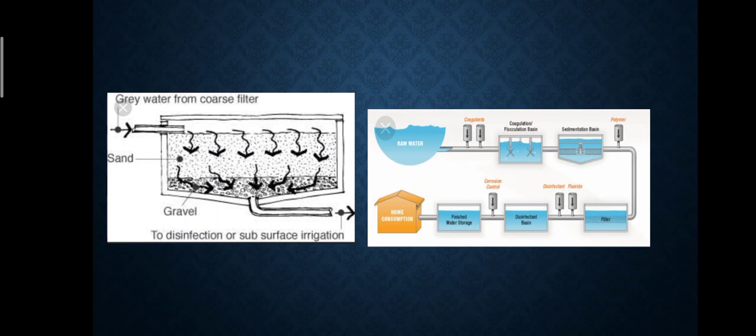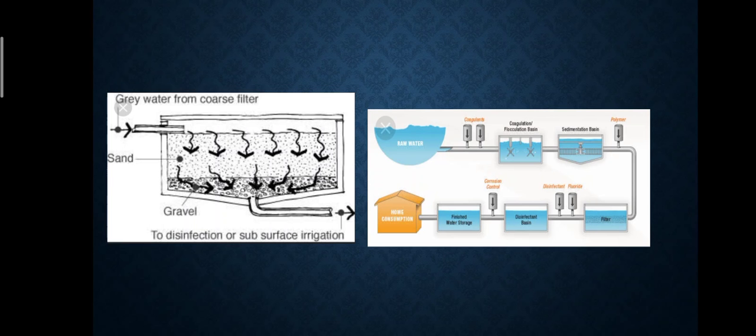Water flows relatively fast here, about 5 to 30 meters per hour through the layers. The filtered water is then collected in a pipe and passed on to the next treatment process. So this is the setup. The gravel and sand particles are sedimented at the bottom layer, and the filtered water is collected over the pipe at the bottom.